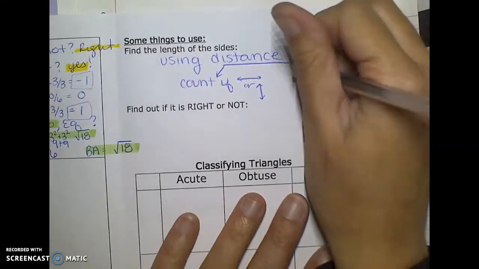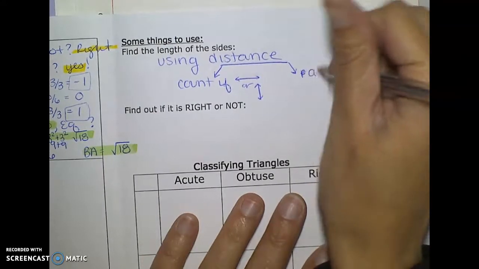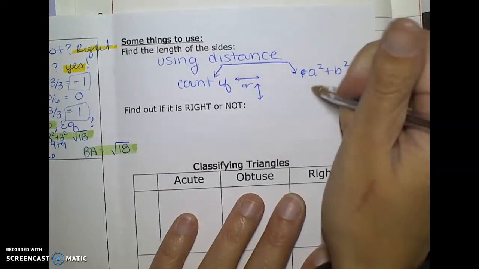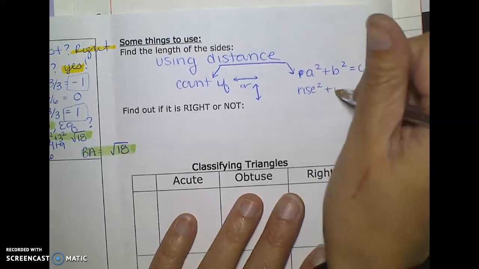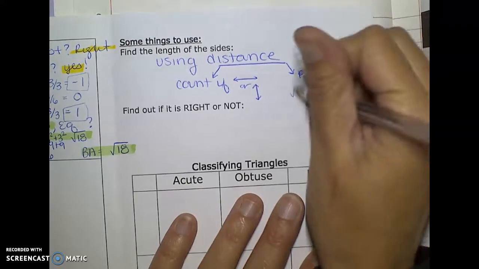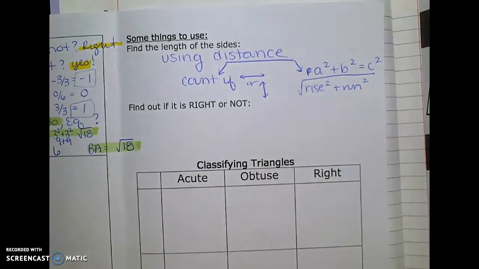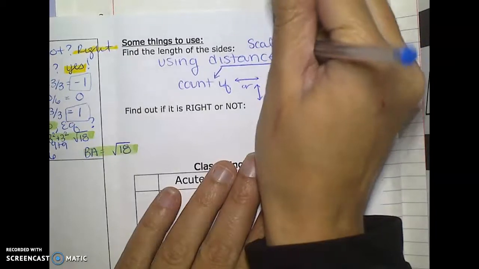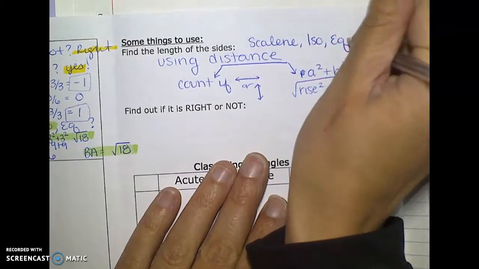But I might have to do a squared plus b squared equals c squared, or I think we called it rise squared plus run squared, and then we square rooted the whole thing. So that'll get me the distance, and that will help me know if I am scalene, isosceles, or equilateral.